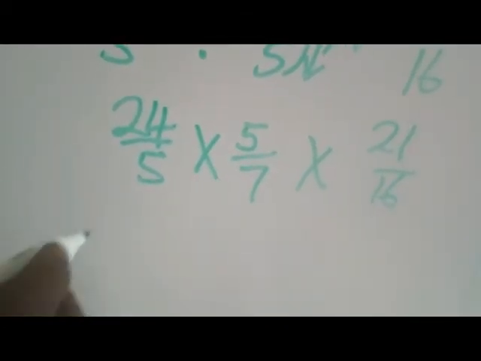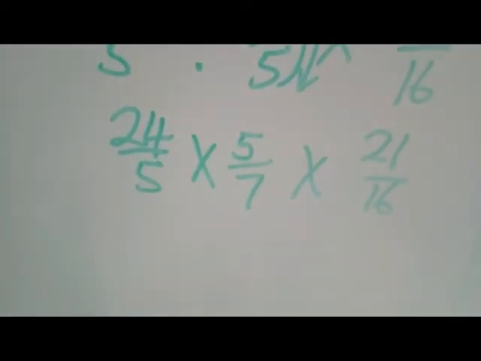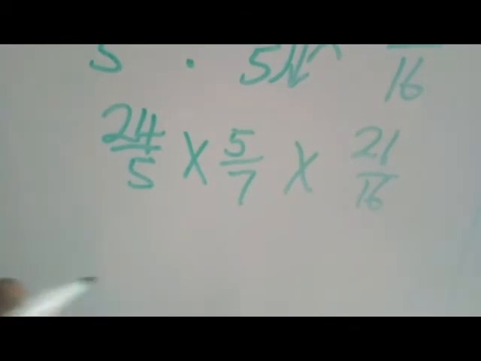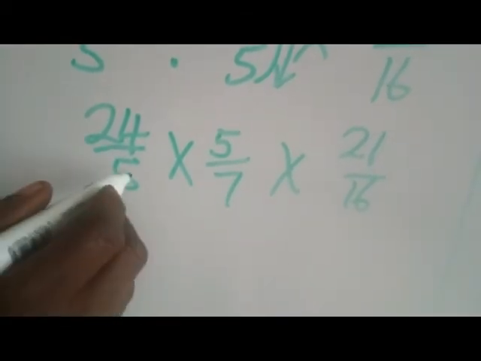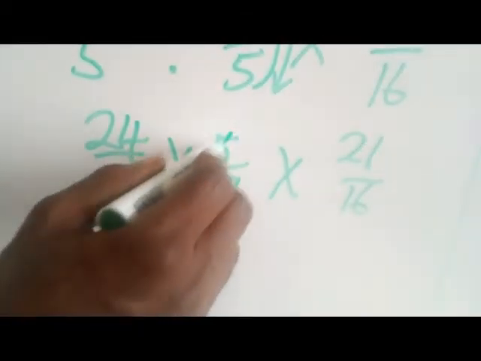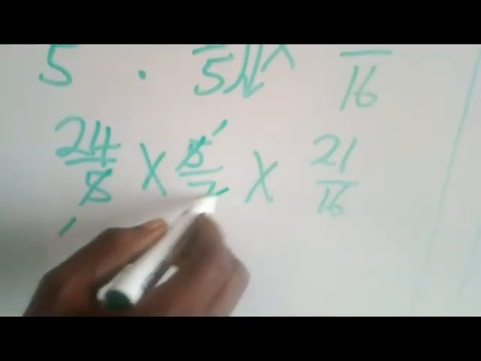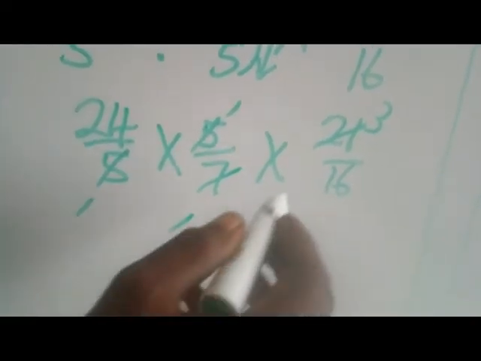Having done that, it is time to reduce it to its lowest terms. We're going to look at numbers that can easily divide themselves. Here we have 5 can divide 5. Then here 7 can divide 21 3 times. Let's look at the 16 and 24.